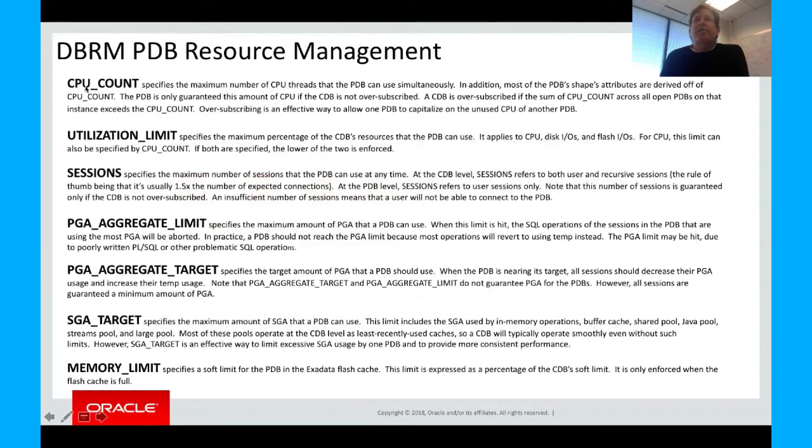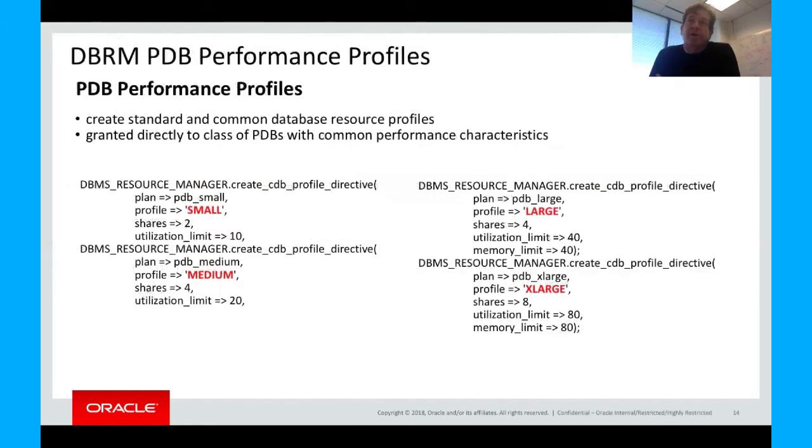So the fact that we've distilled the number of critical parameters that bind the compute specifically for a PDB shape allows us to do lots of things in terms of bin packing, but also dynamically modifying these parameters on the fly. So each of those parameters are configurable in the context of the PDB.